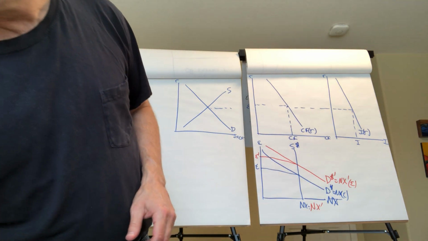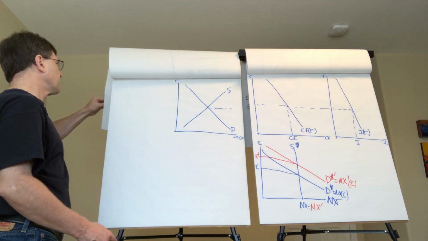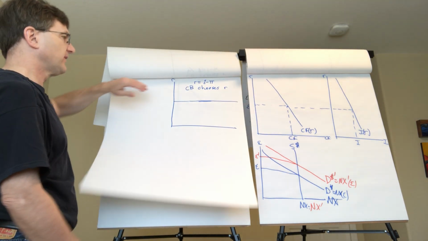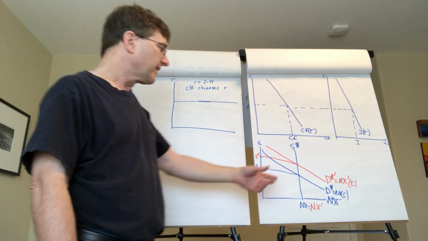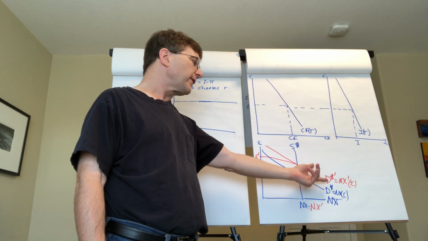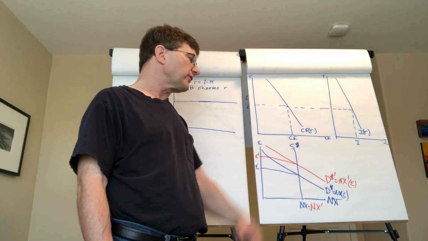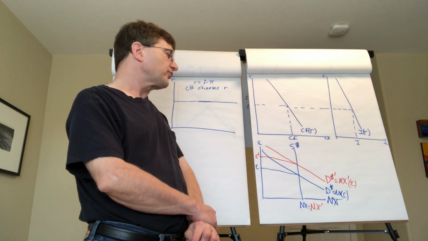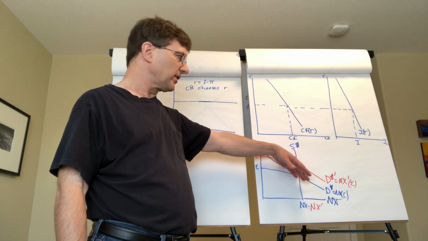Okay, now, what if the government raises tariffs in the short run? Well, let's see if I can make this into a short run graph just by looking at that. Because after all, what's going on with the demand for net exports as a function of the real exchange rate is the same in the short run and the long run.